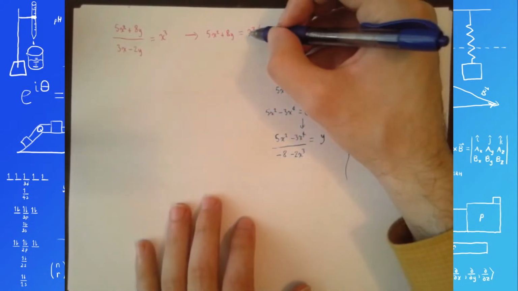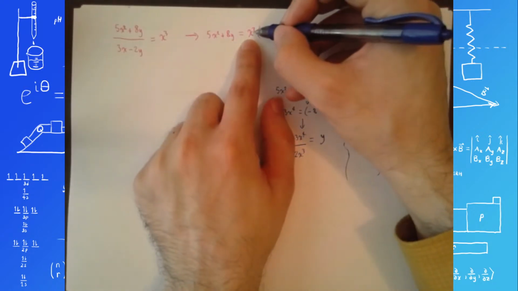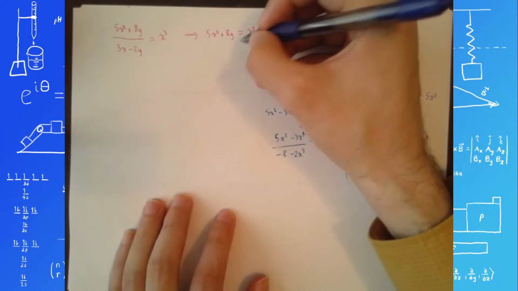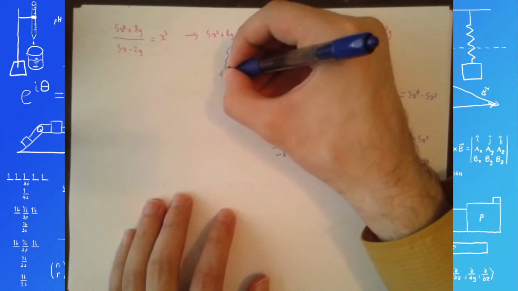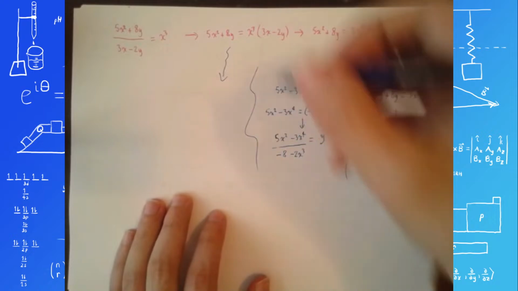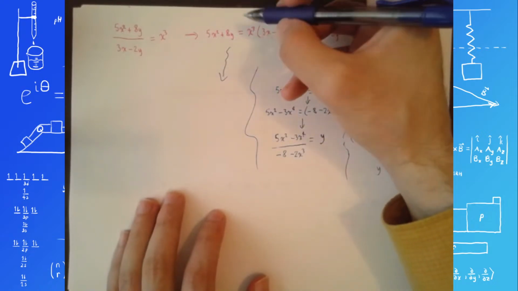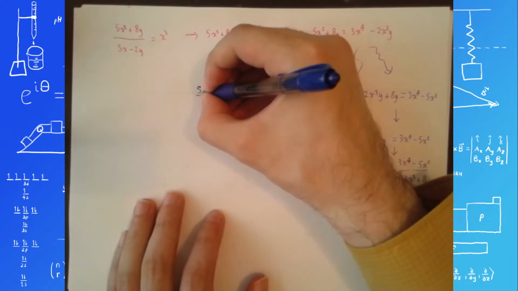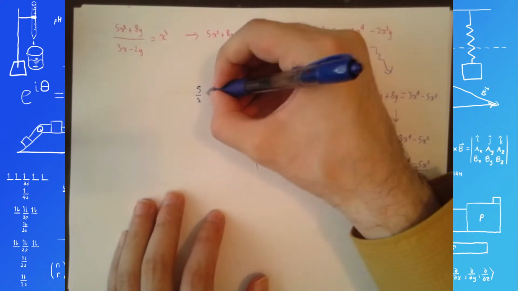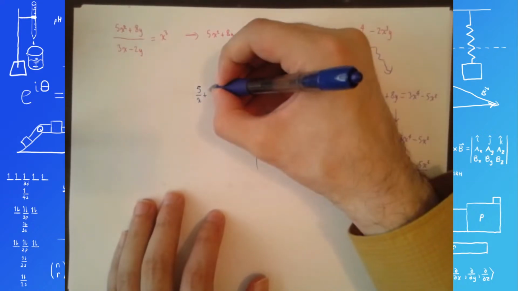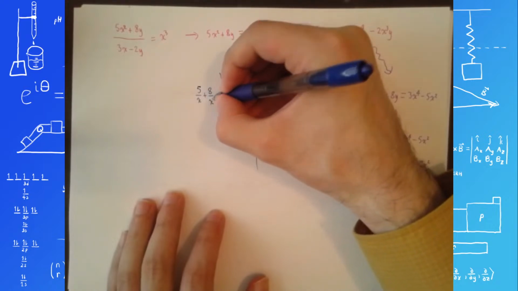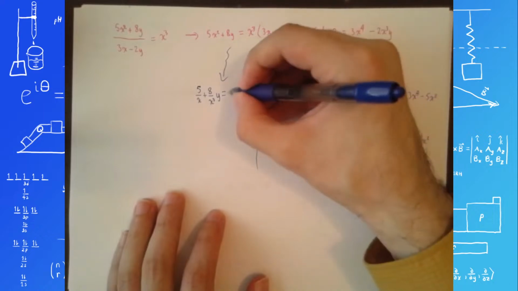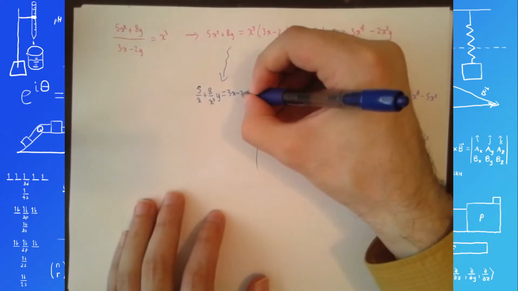non-distribution with no distribution. If I divide x cubed to the left-hand side, then I get something like 5x squared over x cubed just becomes 5 over x, plus I'm just going to call it 8 over x cubed y equals, and then 3x minus 2y.